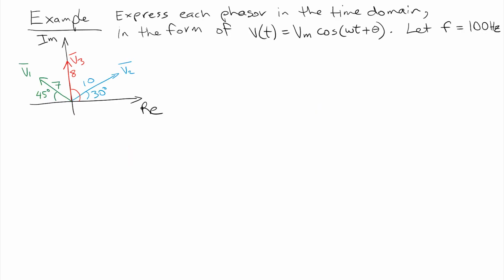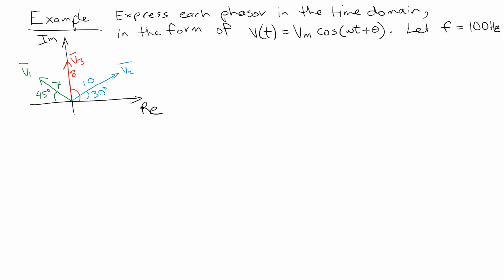Now we're going to have a simple example to play with some of the concepts that we've been looking at so far. We have an example of three phasors: a V1, a V2, and a V3, as shown.